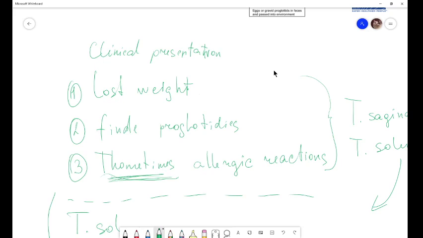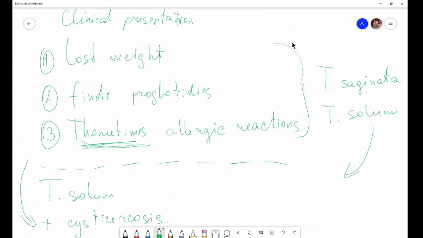We can't eat normally. The second one is finding proglottids. It is not a clinical presentation, but you can find them in your feces. And sometimes there is an allergic reaction to these tapeworms.